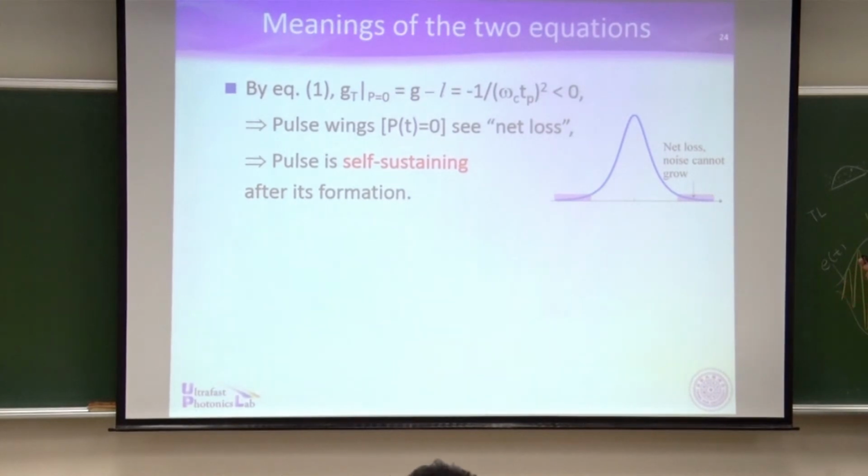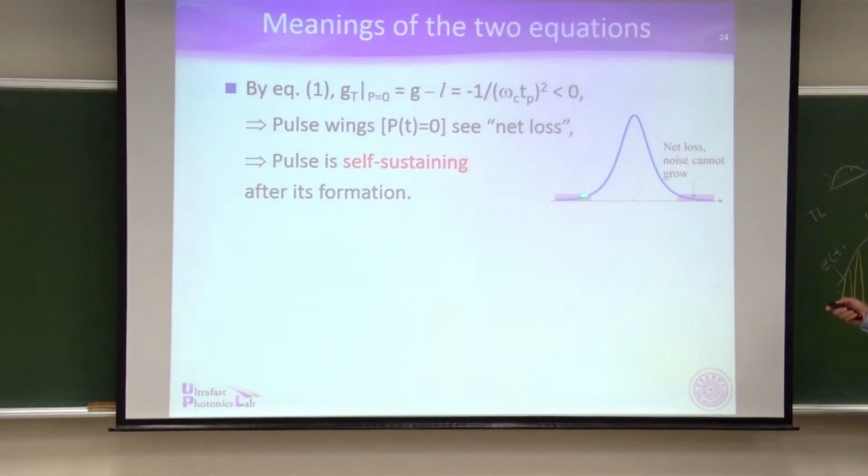So that means the pulse wings always see net loss, or negative net gain. And it also means the pulse is self-sustaining after its formation. It's a very important characteristic.